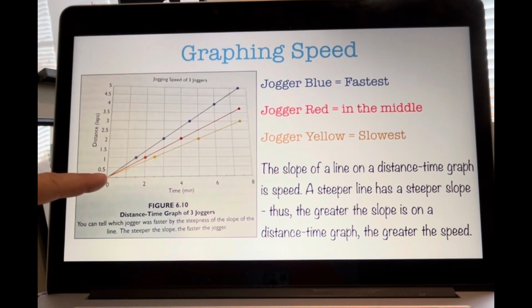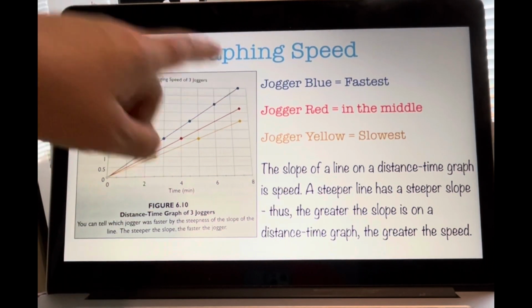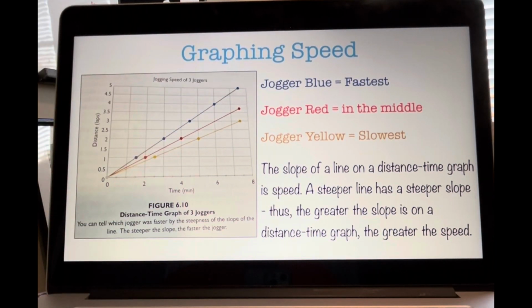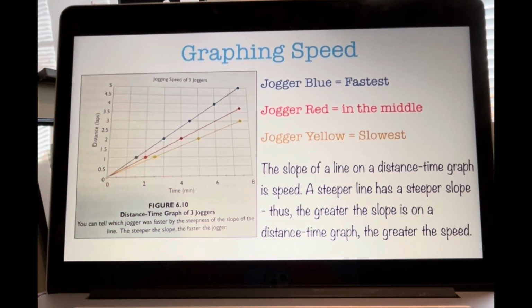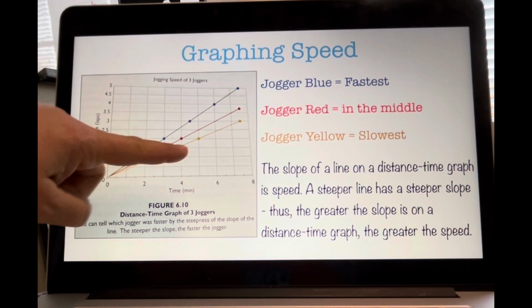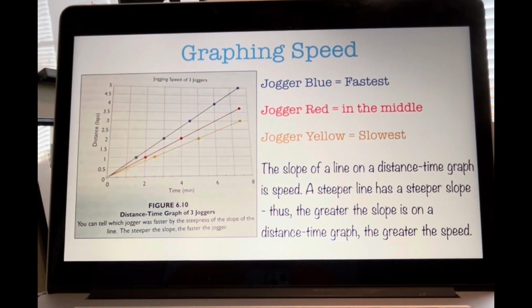All right, so the blue line, this top line, indicates your faster friend. The red line, the middle line, is me, the jogger. And the gold line indicates your slower friend, the bottom one. What can you say about the steepness of each line? The faster jogger has the steepest line.